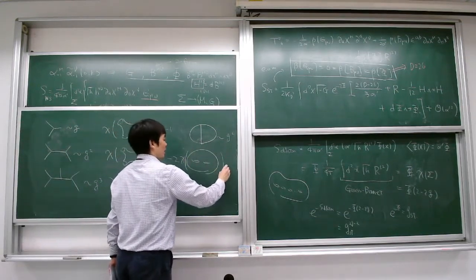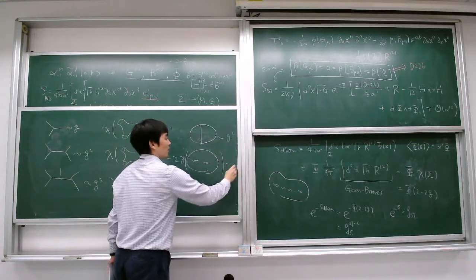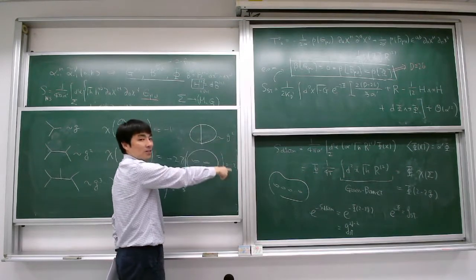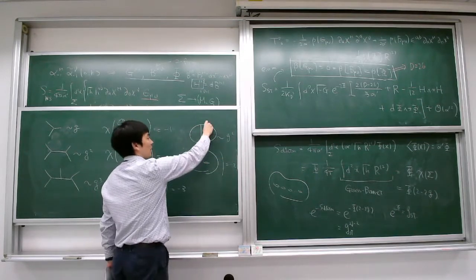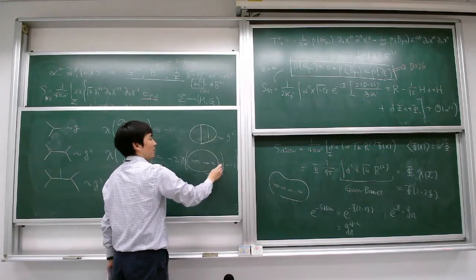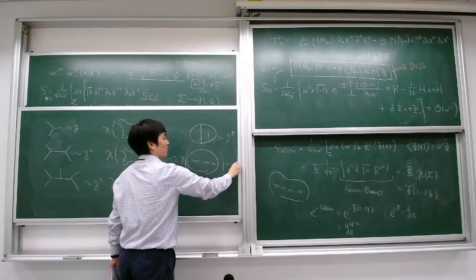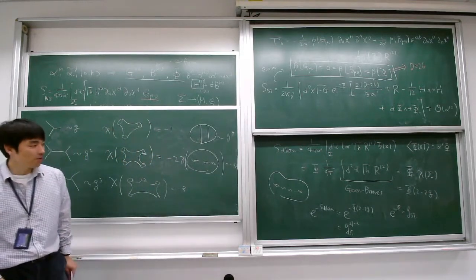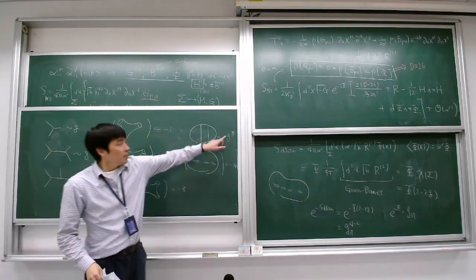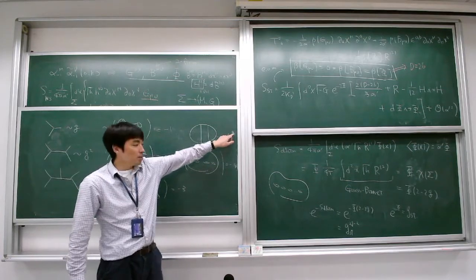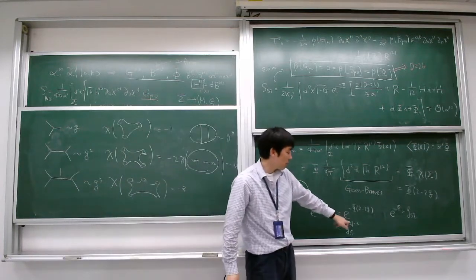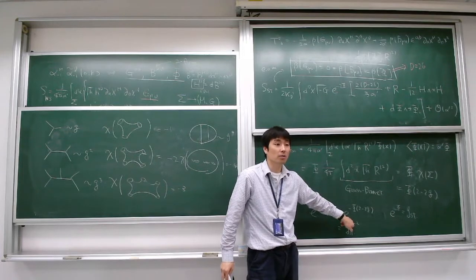This is minus 2. Once you add one more, you get the fourth, and this is 4. So the exponent here is minus the Euler characteristic of the Riemann surface.